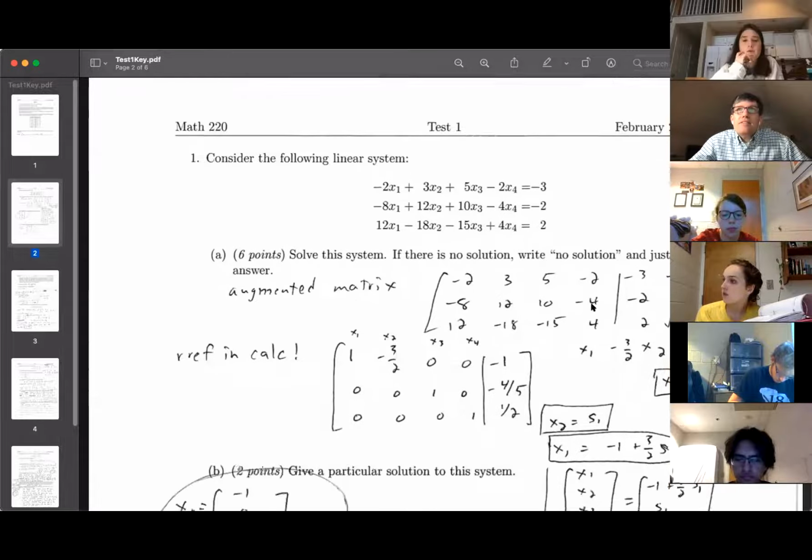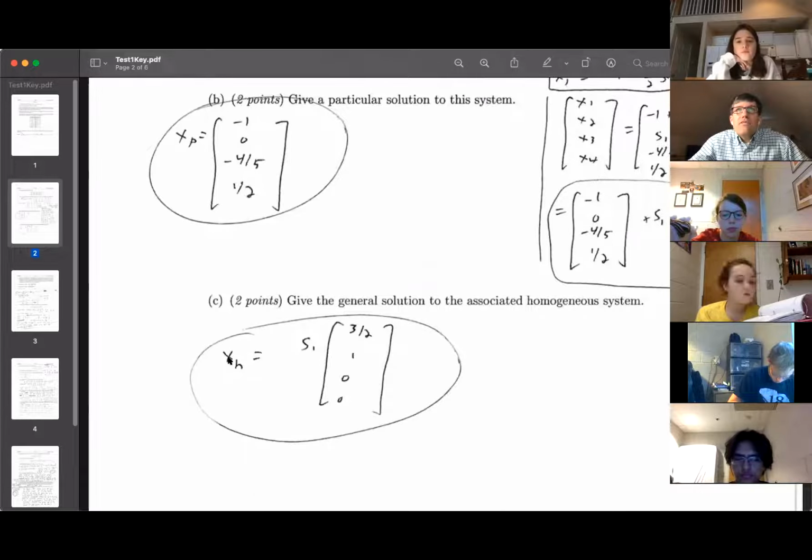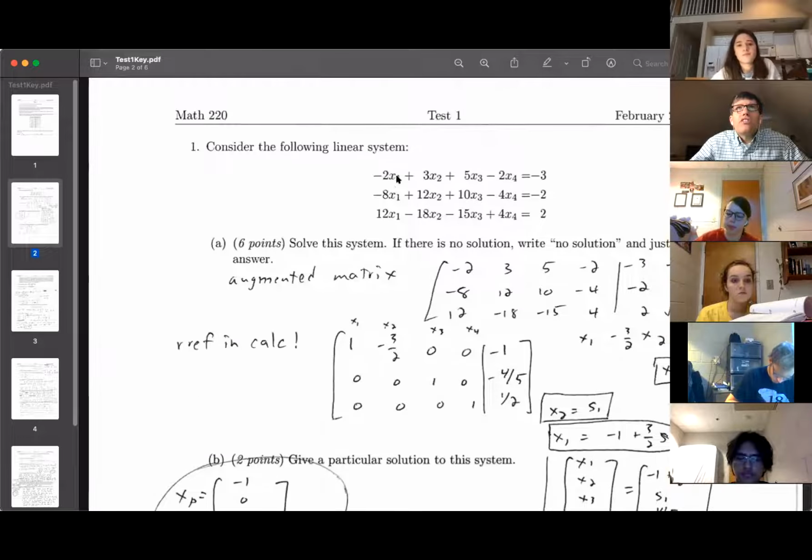Basically, this part right here, the S1 times 3/2, 1, 0, 0, this XH, it should be XG, for general. If I plug in 3/2 S1, 1 S1, 0, 0 for X1, X2, X3, and X4, I would get 0, 0, and 0 over here.